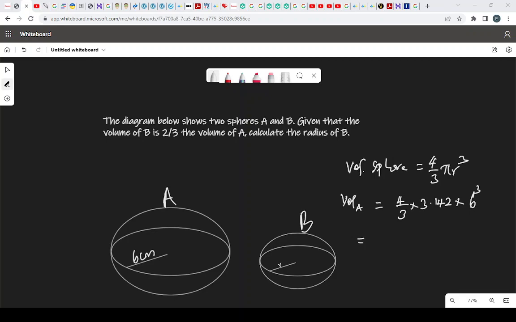That gives me 2714.7 approximately. Then divided by 3 gives me 904.9 approximately centimeter cube. That's the volume of sphere A.